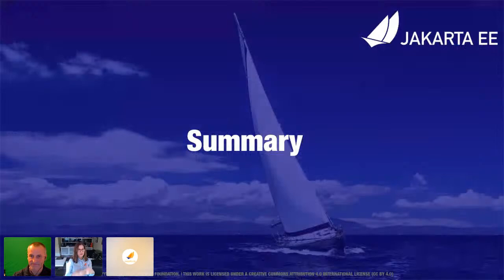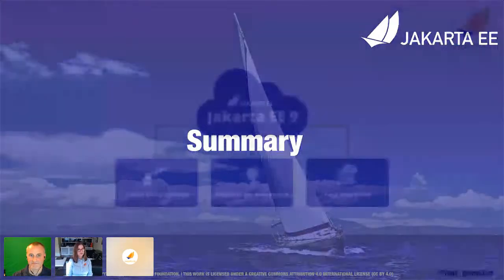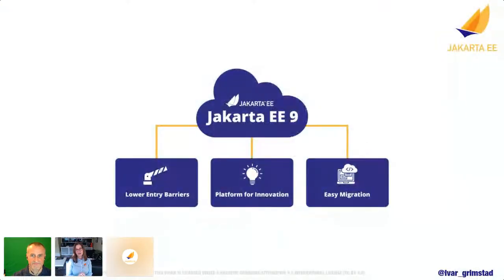So in summary of the presentation, just to make sure that people do understand that Jakarta EE 9 is the release that is lowering entry barriers for new vendors to adopt this technology.